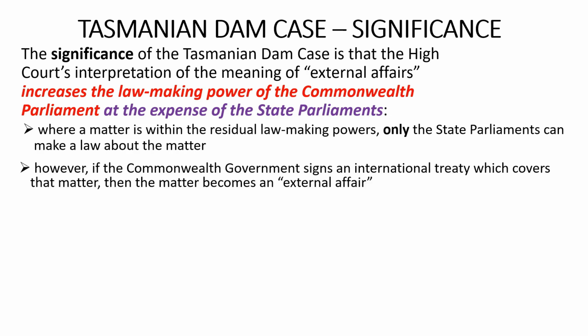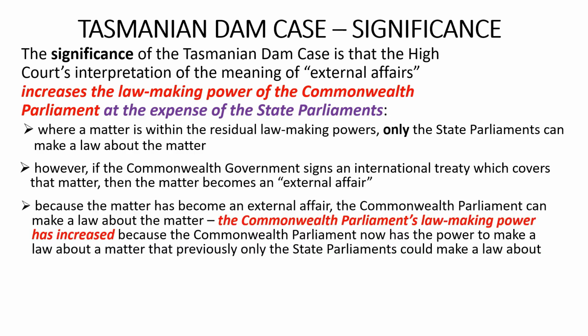Second, if, however, the Commonwealth Government signs an international treaty which covers that matter, then the matter becomes an external affair. Third, because the matter has become an external affair, the Commonwealth Parliament can make a law about the matter. As a result, the Commonwealth Parliament's lawmaking power has increased because the Commonwealth Parliament now has the power to make a law about a matter that previously only the state parliaments could make a law about.